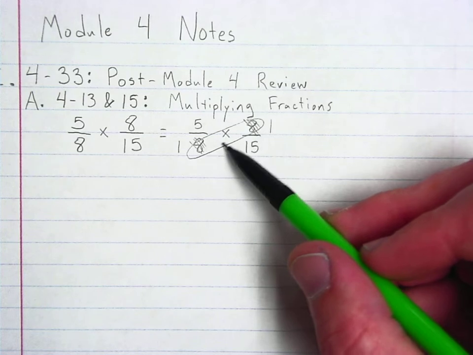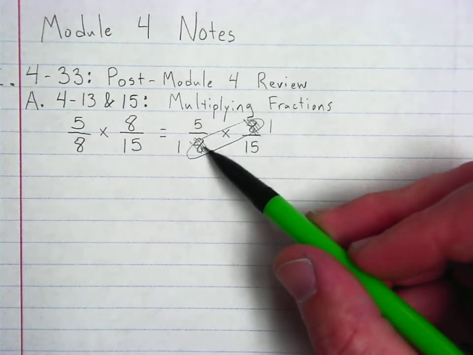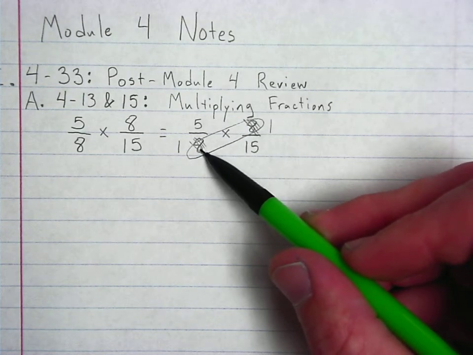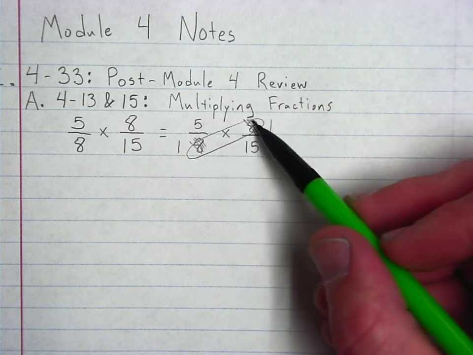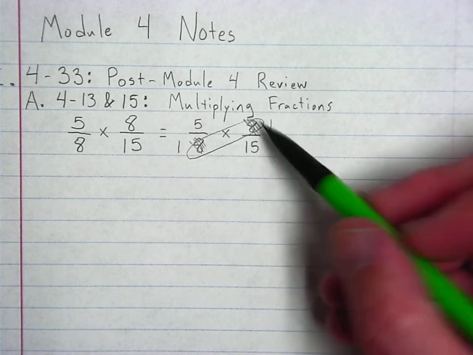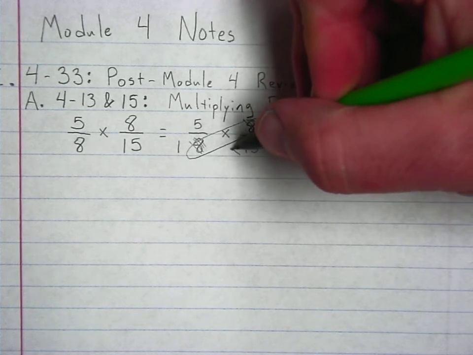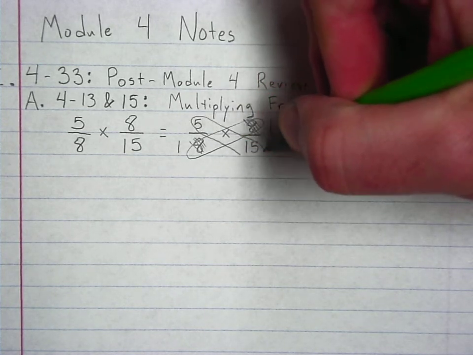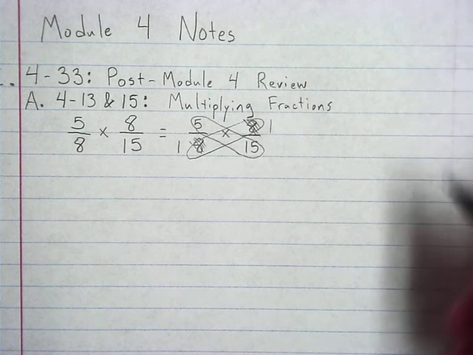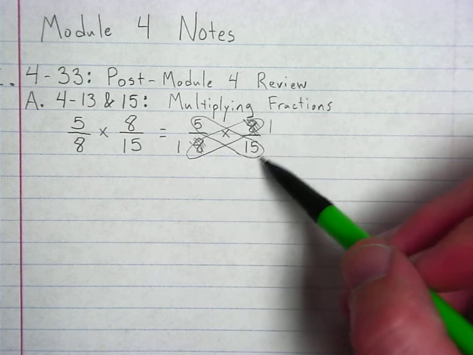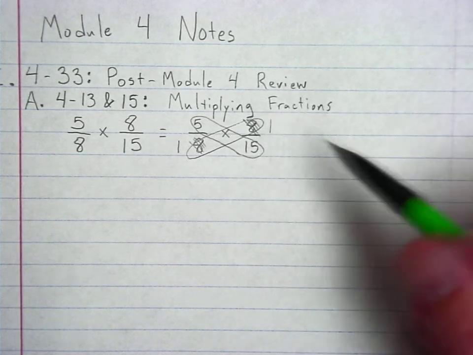Again, what I'm doing here is I'm looking for a common factor. I'm looking for something I can evenly divide this and this by. Well, they can both be divided by 8. Now, 5 and 15 won't work quite the same way. They're not the same. But I can look at 5 and 15, find the greatest common factor.